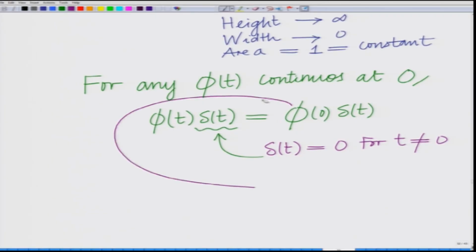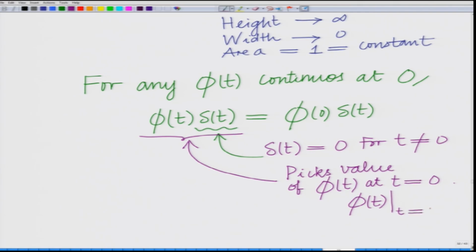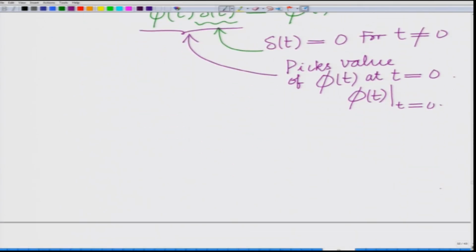So delta t picks the value of this function phi of t at t equal to 0, that is, phi of t evaluated at t equal to 0.